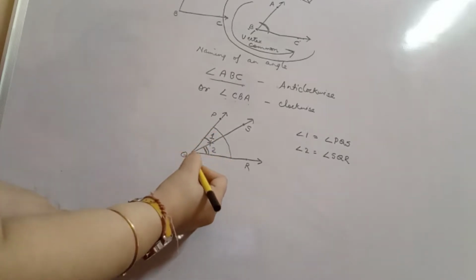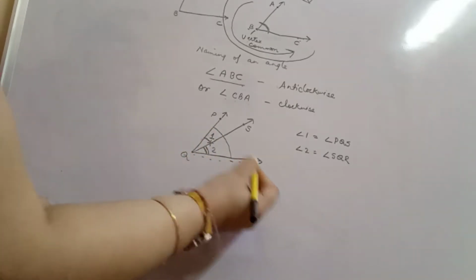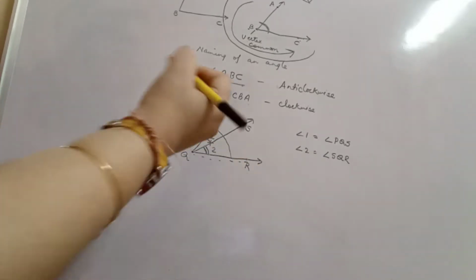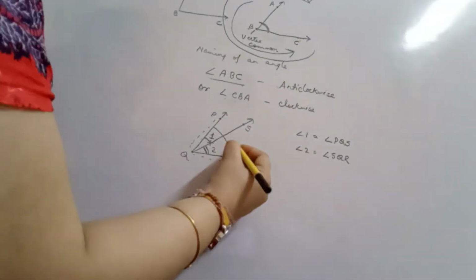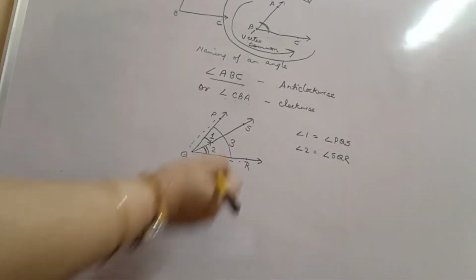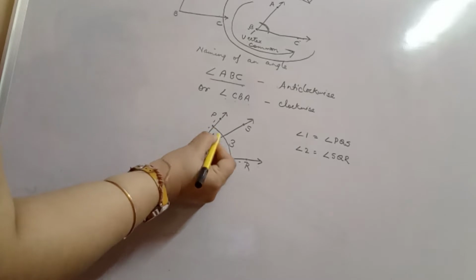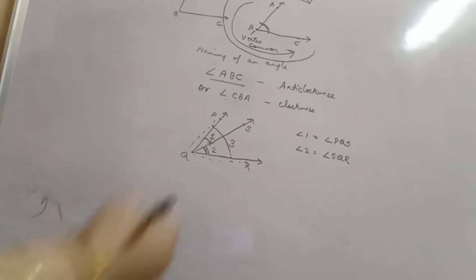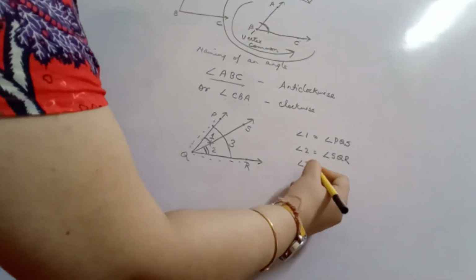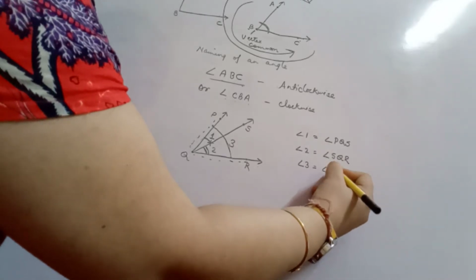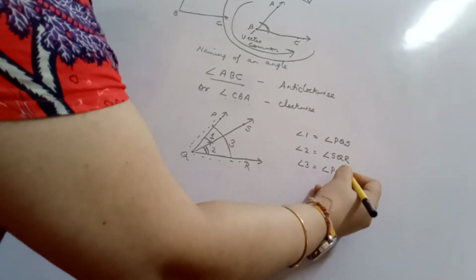First ray is PQ and second ray is QR. And I name this angle as angle 3. Marking would be starting from here and going till this point. So angle 3 would be named angle PQR.